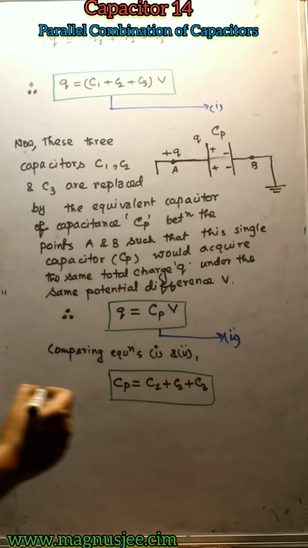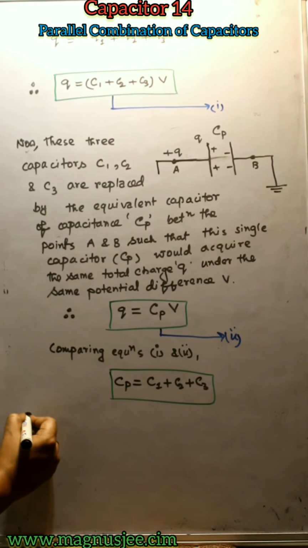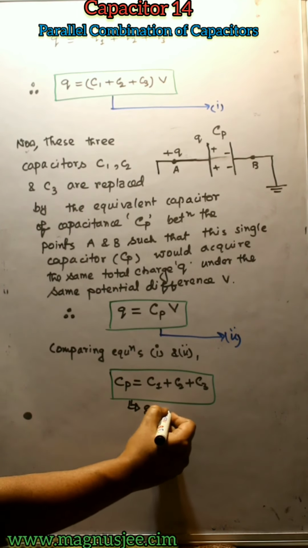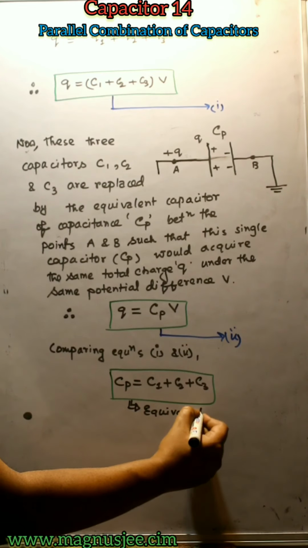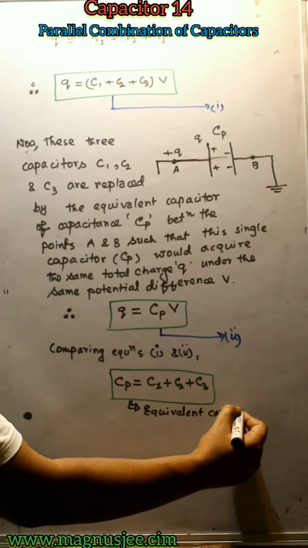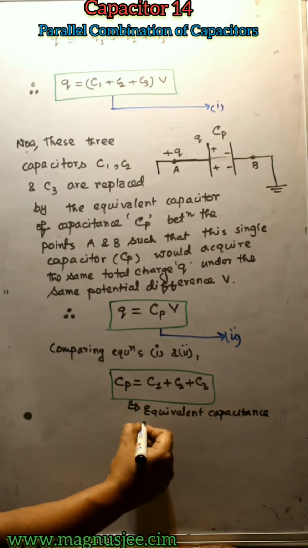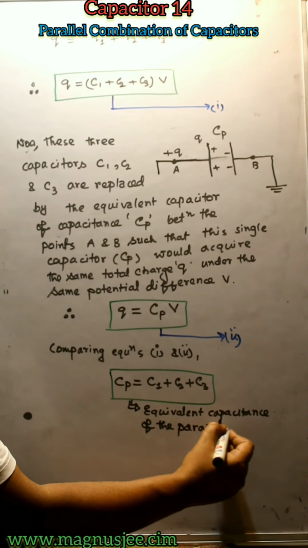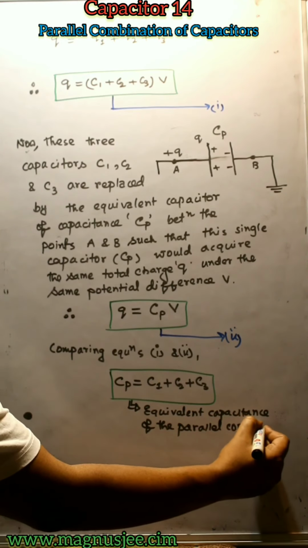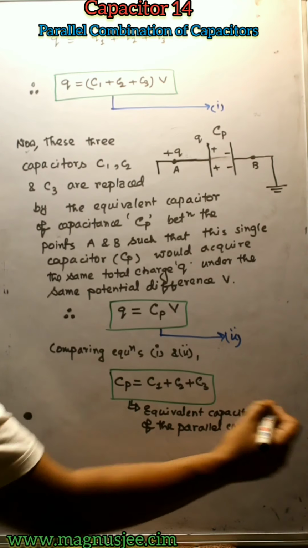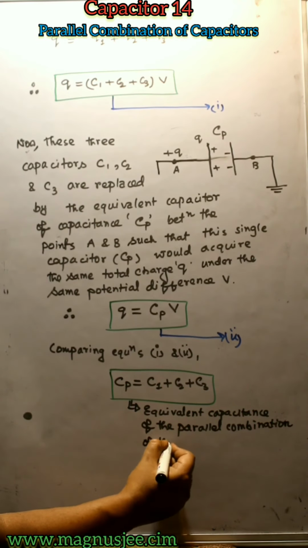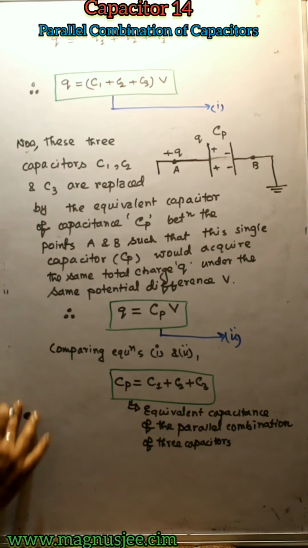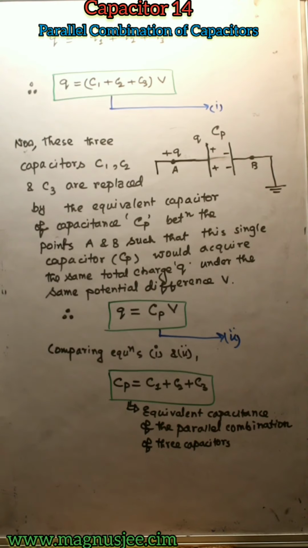So this is the equivalent capacitance of the parallel combination of three capacitors: Cp is equal to C1 plus C2 plus C3.